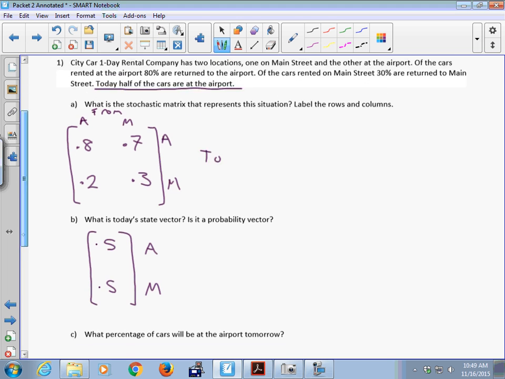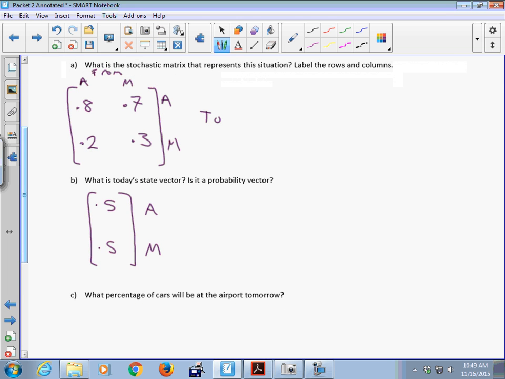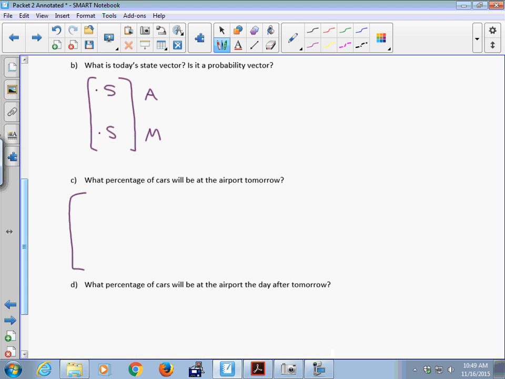Okay, so what percentage of cars will be at the airport tomorrow? What we can do is just multiply our stochastic matrix by our state matrix, and that will give us a state matrix for tomorrow. So we've got 0.5, 0.5.